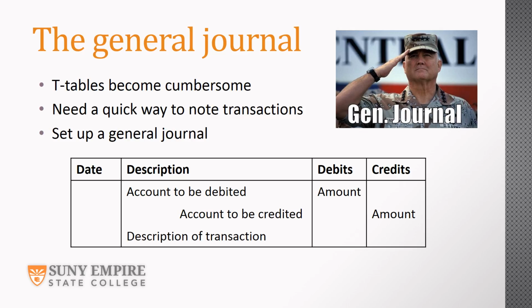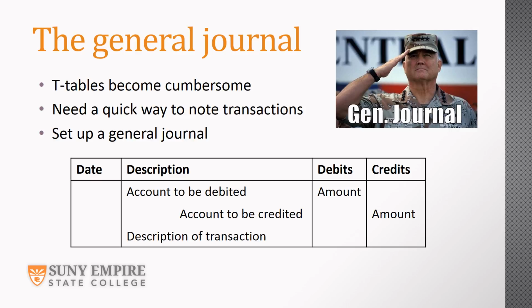In a previous resource, we learned how T-tables make accounting more straightforward by eliminating pluses and minuses in each asset, liability, and owner's equity account for a business. However, this leads to many T-tables.